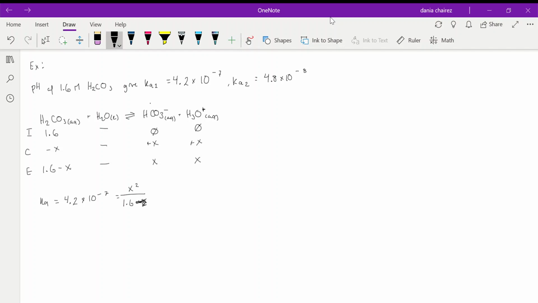So we just go ahead and solve for our x, which should give us, oh my god, that equal sign, I'm so sorry, I'm looking at my notes. x is equal to 8.2 times 10 to the negative 4.